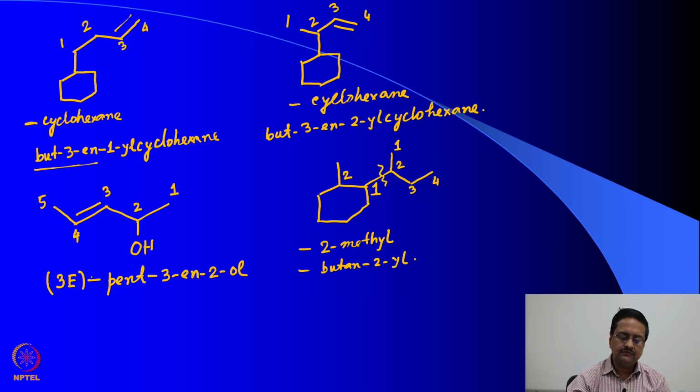So, therefore, the name of this compound should be, at position number 1, I have butan-2-yl, dash 2-methyl cyclohexane.